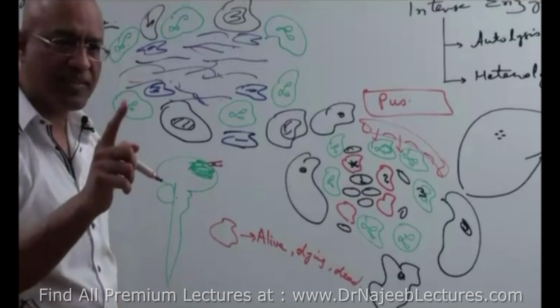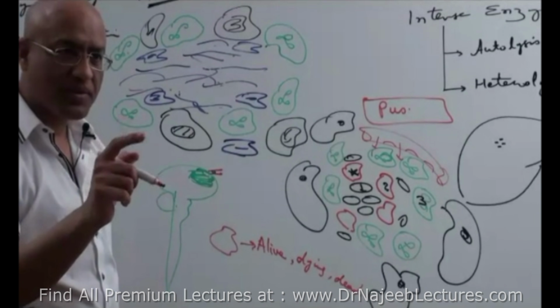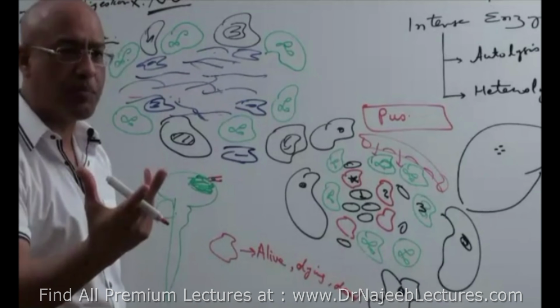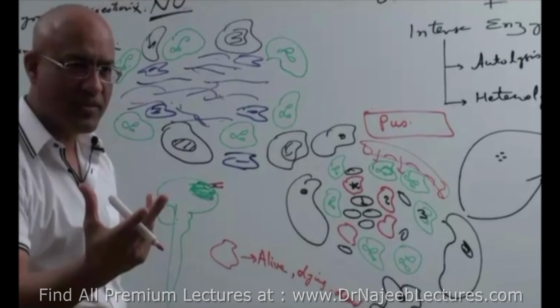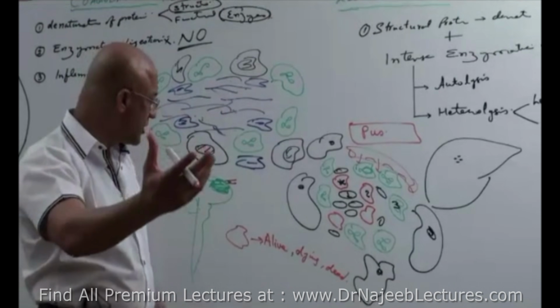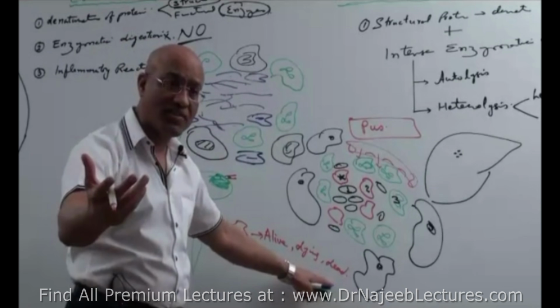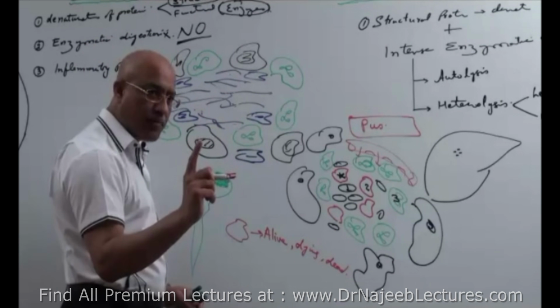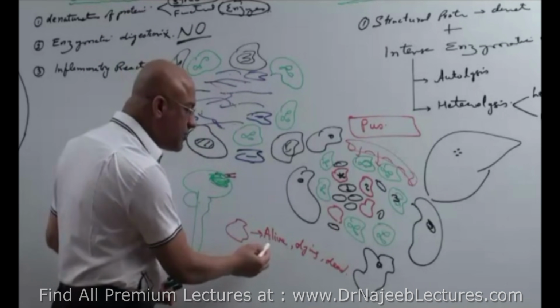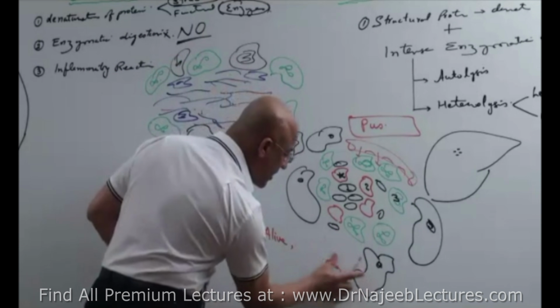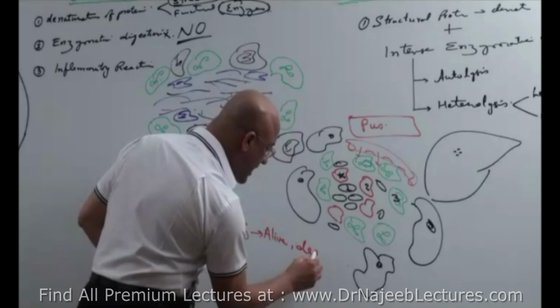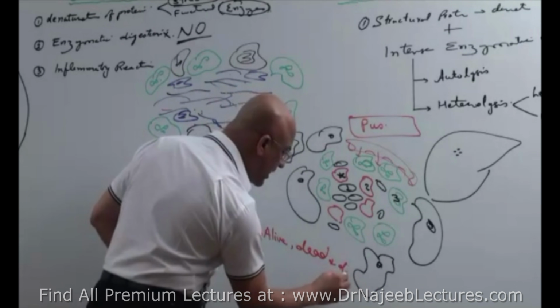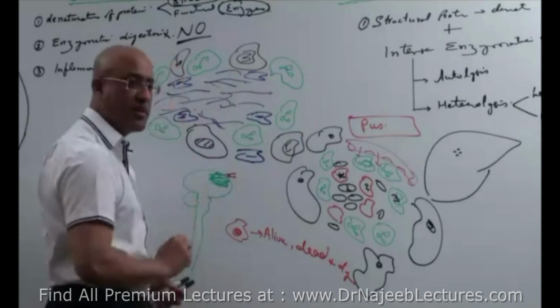It means in the pus, for example in liver pus, there should be hepatocytes. If pus is in the brain, there should be alive, dead or dying neurons, depending upon the tissue. So wherever pus is being formed, there are alive, dead and dying local cells, the parenchymal cells.